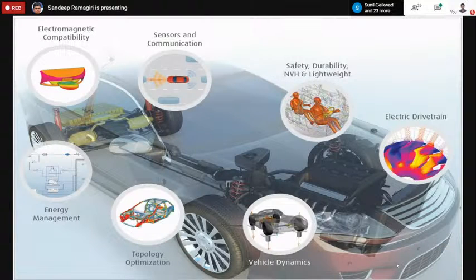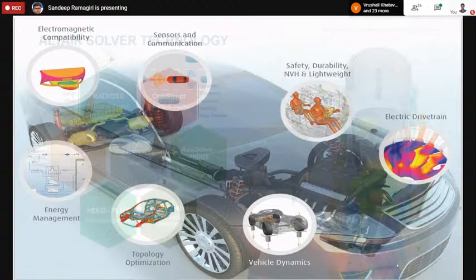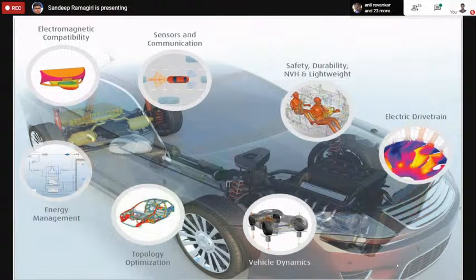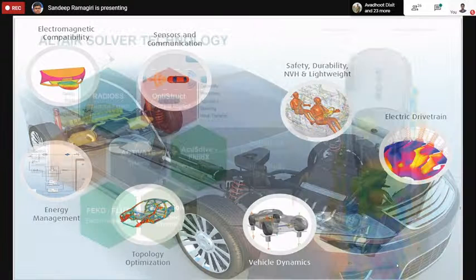We can help in designing electric power and the electric drivetrain, and we can also do safety, durability, NVH, and lightweighting simulations. We can also do sensor and communications analysis and electromagnetic compatibility for EMI/EMC studies, and energy management, that means complete system-level simulations. And then we can do optimization. When I say optimization, it can be topology optimization.